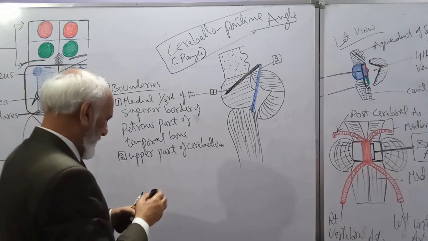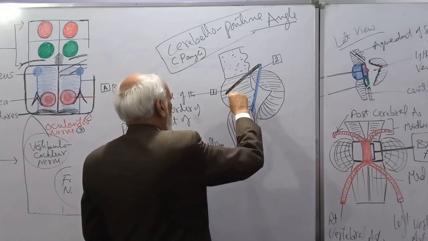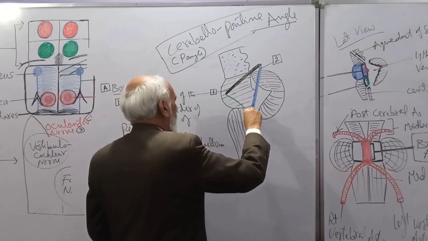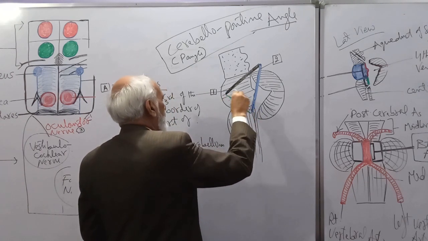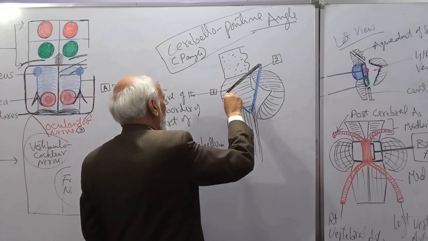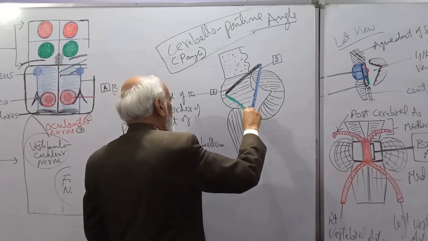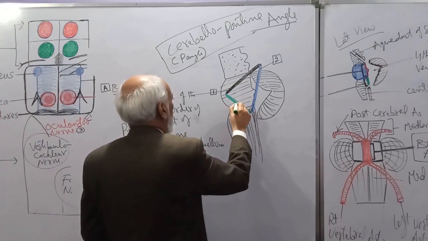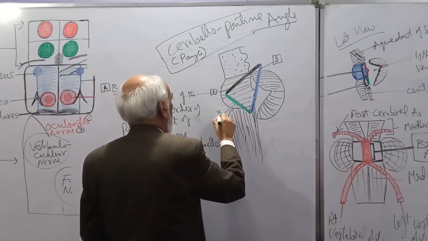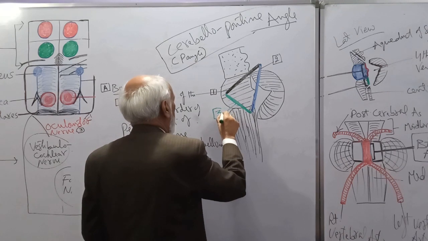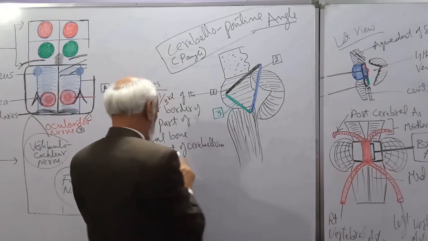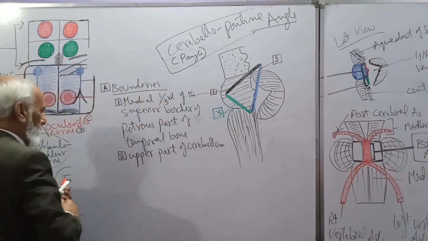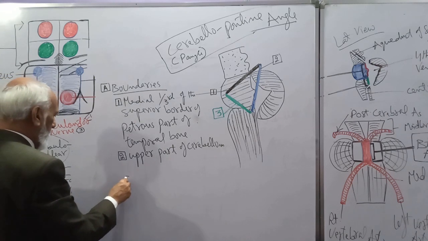Then the lower lateral part of the pons. This is pons. Lateral part of the anterior surface of the pons. This is number 3. What is the third boundary?